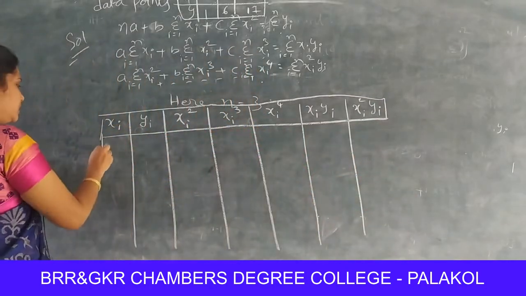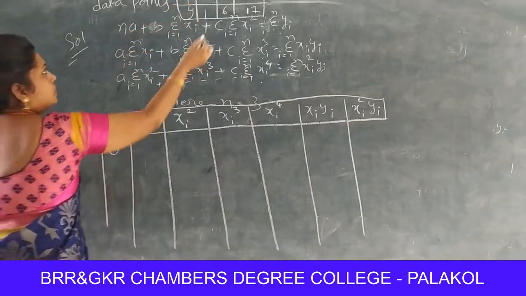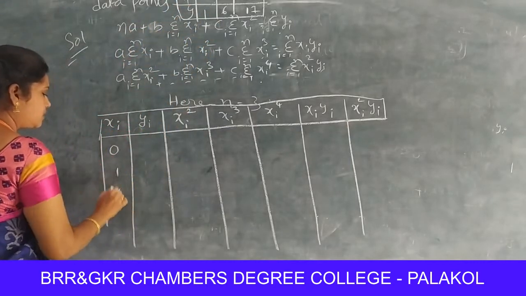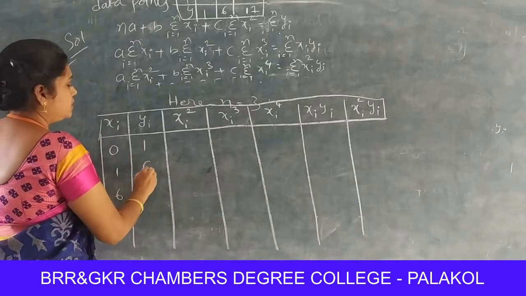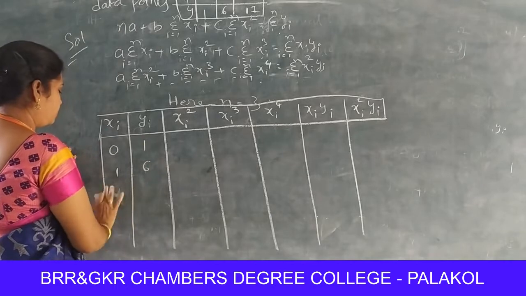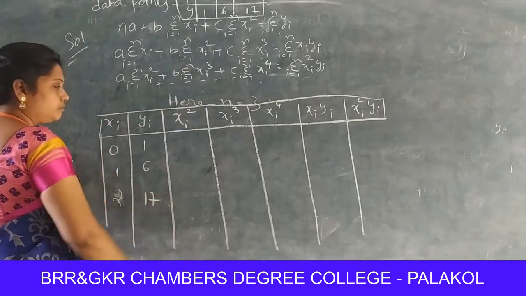Now the x ordinates are 0, 1, 2. Y ordinates are 1, 6, 17.